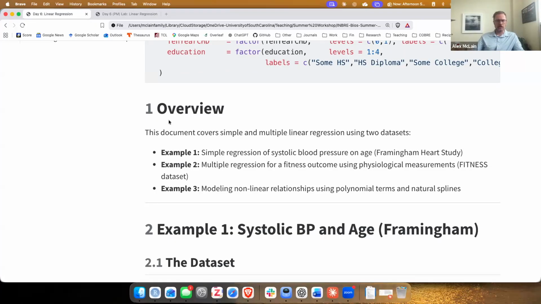There were some things on this example about comparing different models. We did not go over any of that. We're going to push all that to tomorrow's class and lab.